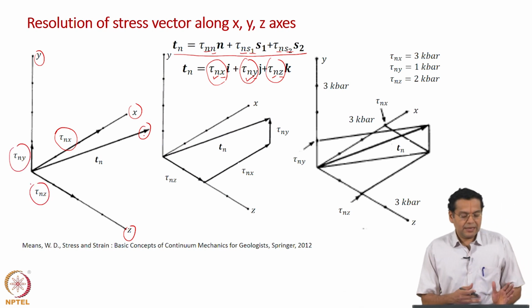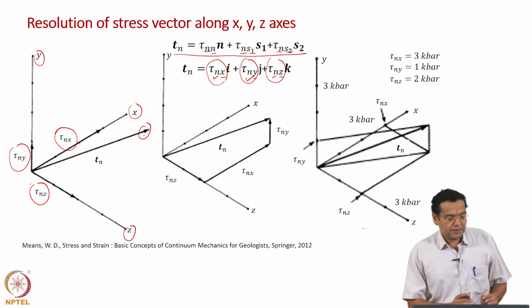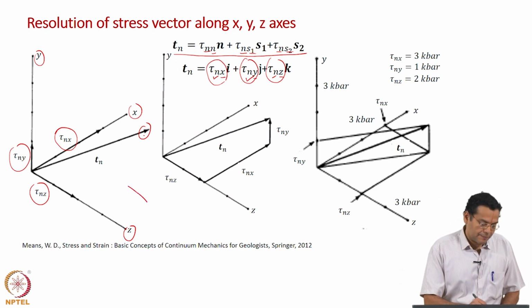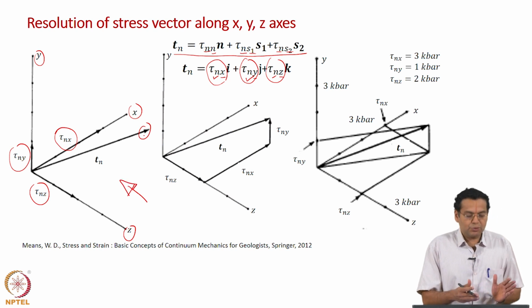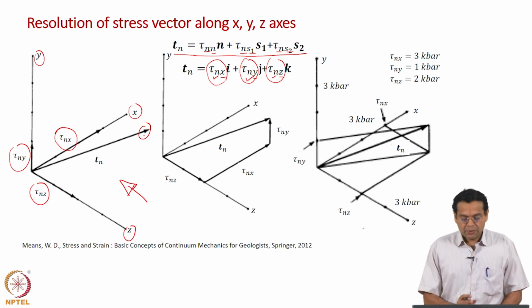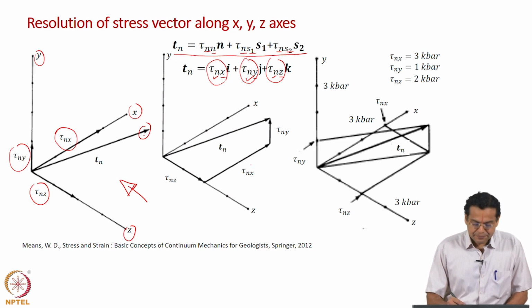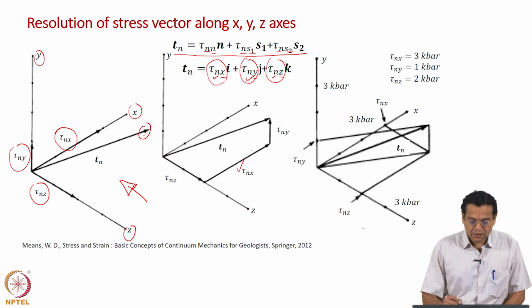Okay. Of course, the coordinate axes have a different orientation, but if you look in this direction, this is our usual x, y, z coordinate system. The figure in the middle shows the same information in a slightly different way, the way in which you construct the stress vector. Let us say tau n x vector is drawn parallel here, and then you have tau n z.